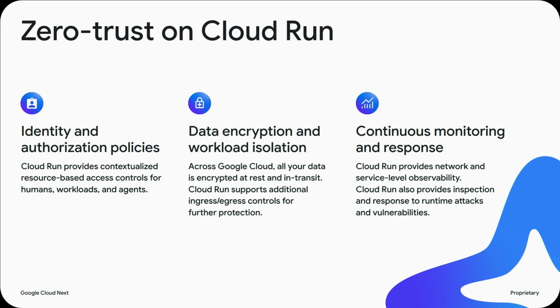All the data in Cloud Run is encrypted at all times, whether it is at rest or it is in transit. You have strong multi-layer isolation between your containers. Cloud Run provides built-in observability for your network and your services. And it even comes with runtime threat detection capabilities.